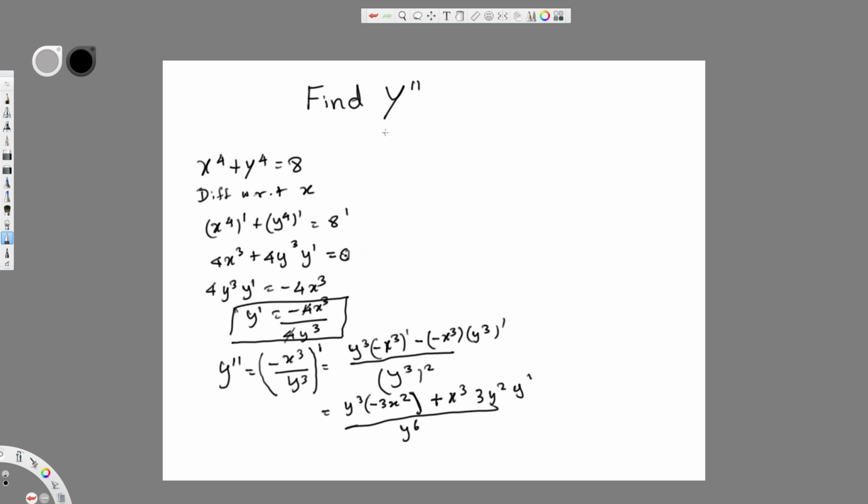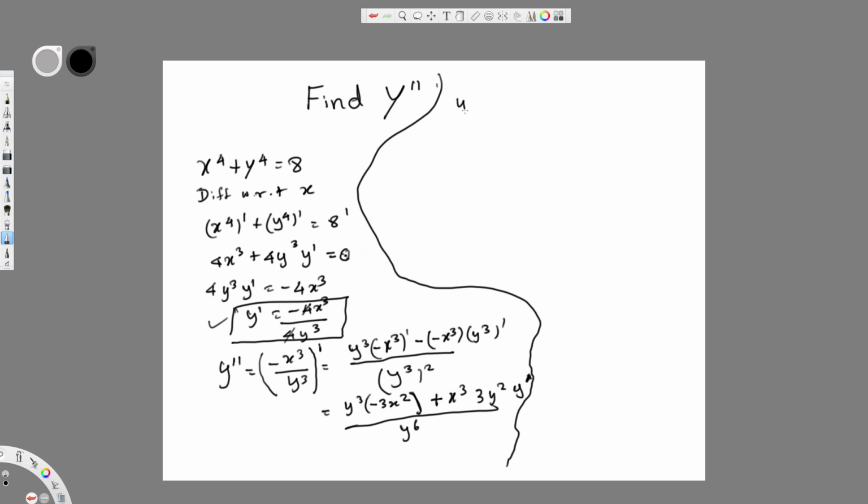Then I am continuing on the other side. Now I have almost found the derivative. Since we have a y prime here, to get rid of this y prime, I have to substitute it.